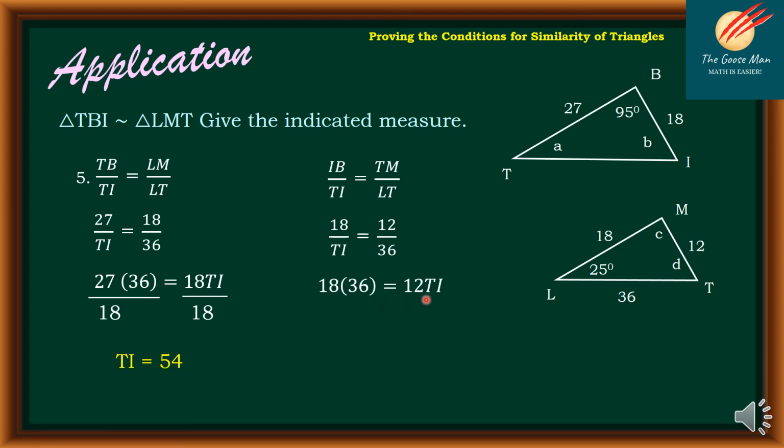Divide both sides of the equation by 12. So TI is the same as 54. As you can see, whatever ratio we use from the given similar triangles, we can come up with the same value of TI. So TI is 54 units.